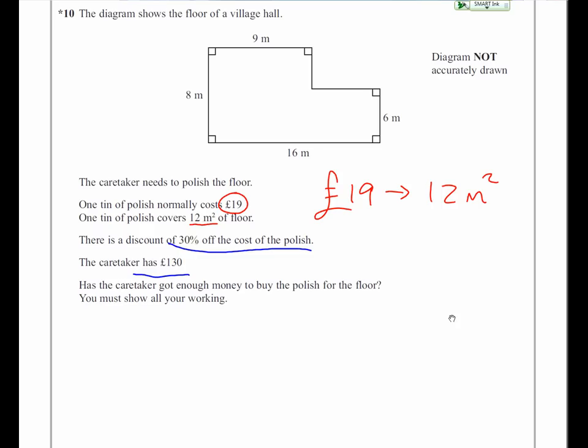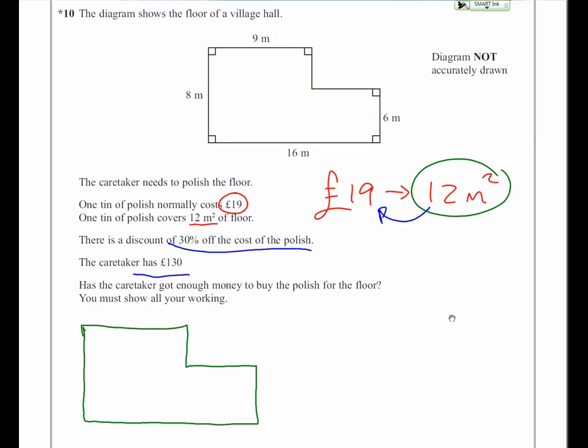So first off, we are going to figure out the area of the floor to find out how many meters squared we've got, and then we can figure out how much that's going to cost. So that's our strategy. Let's get started. There's 2 ways to do this question. You could split this up into 2 rectangles like that.